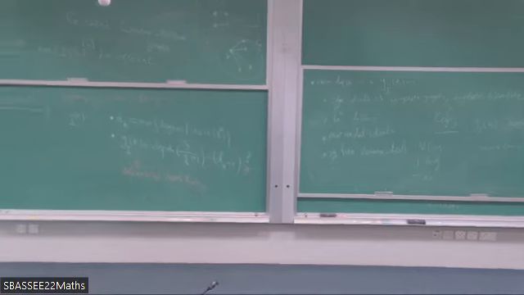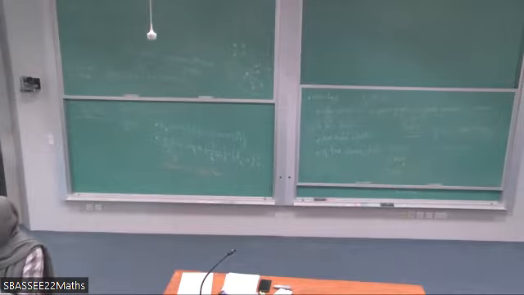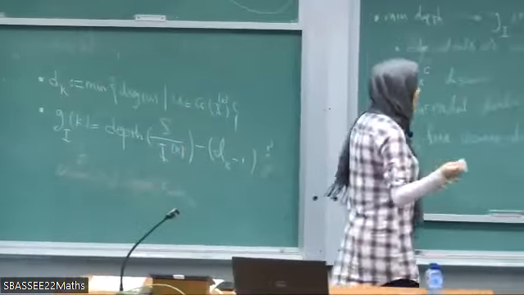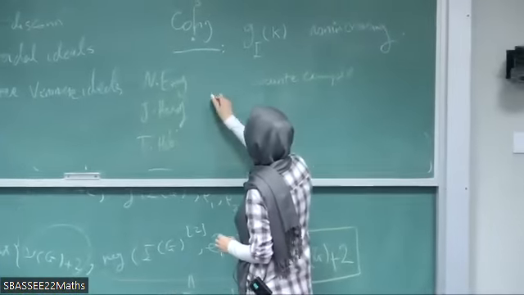Then you're losing some generators from the very beginning somehow. What you are saying is true in some sense. I mean, there is some definition. I just wanted to mention it in my problem list.